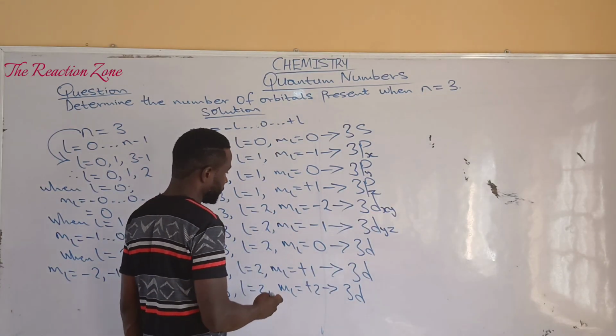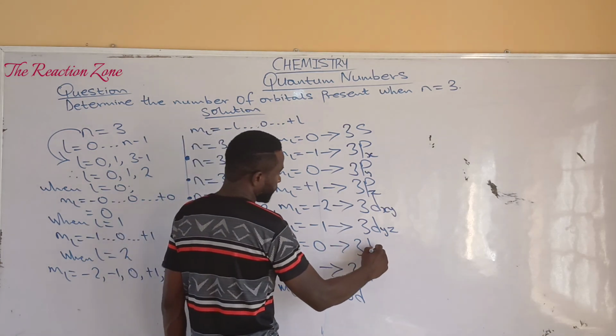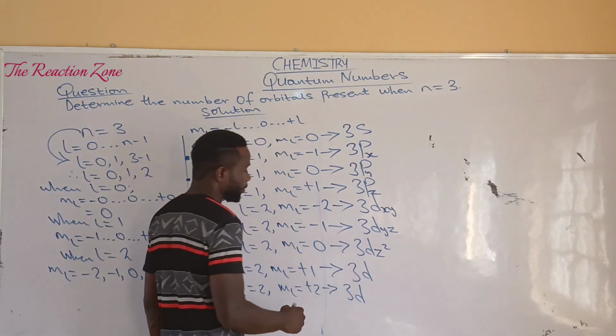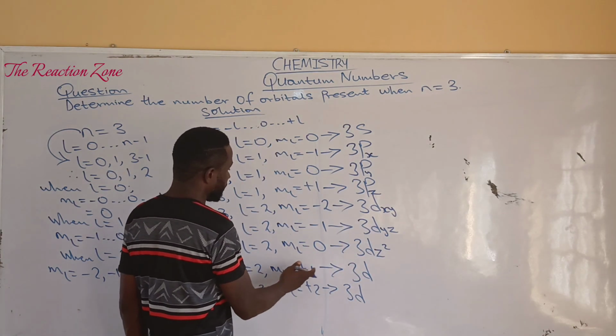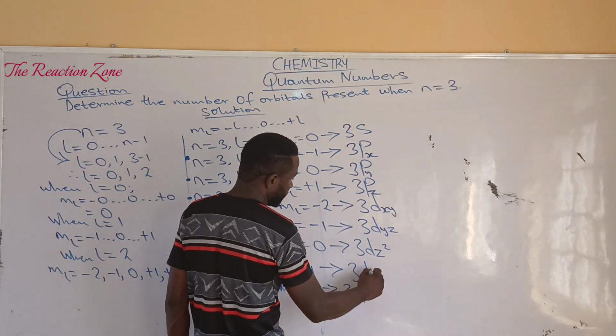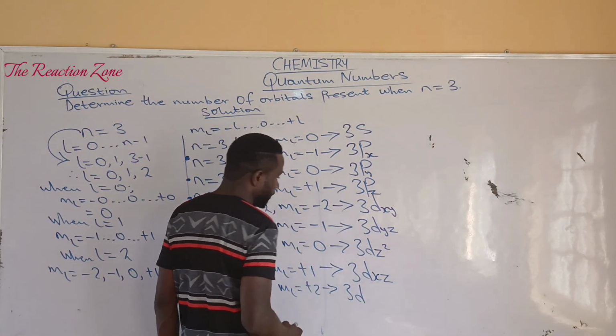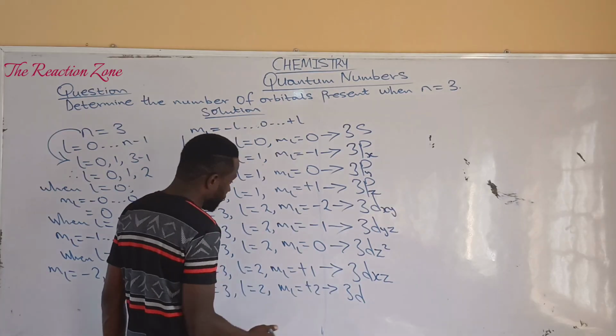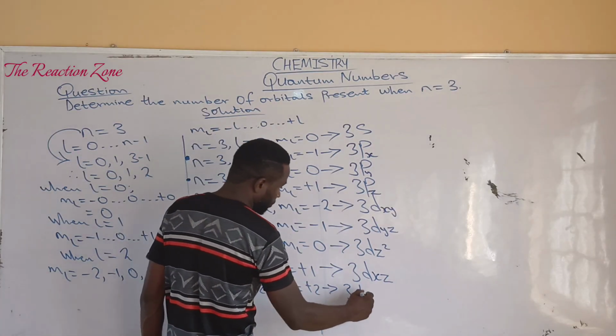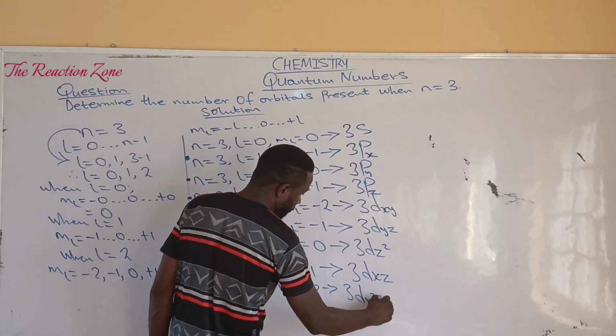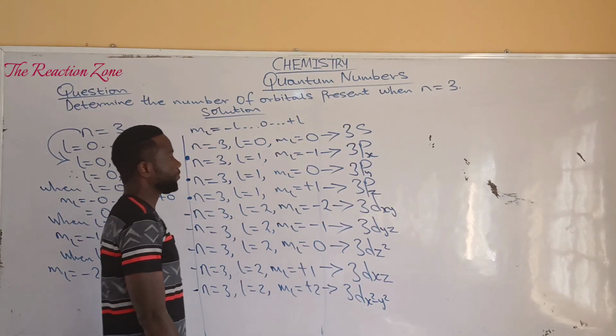For the next one, where ml is equal to 0, this is the dz squared orbital. For the next one, where ml is equal to +1, this is the dxz orbital. And for the final one, where ml is equal to +2, this is the dx squared minus y squared orbital.